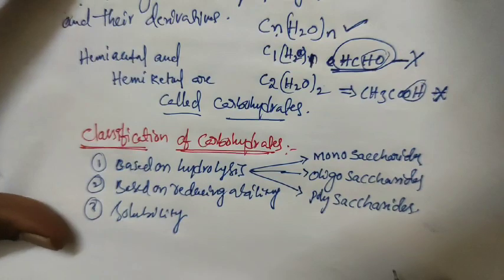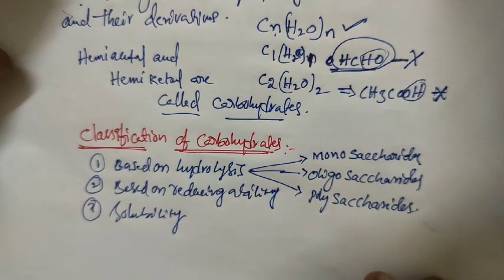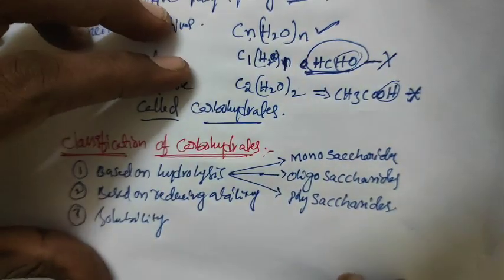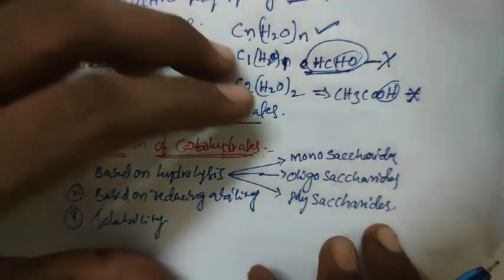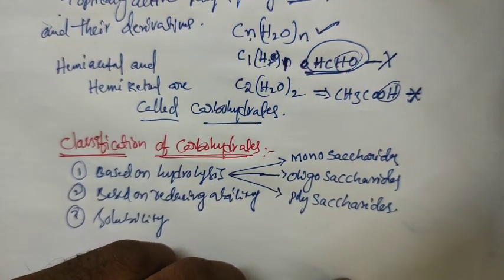Saccharo is a Latin word, saccharo means sugar. These are the 3 types based on hydrolysis. So what do monosaccharides mean?